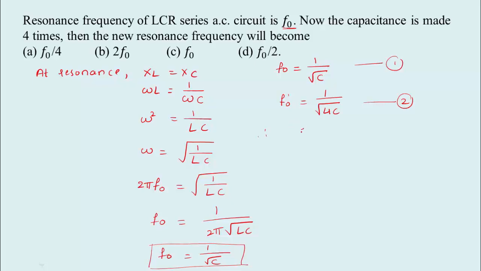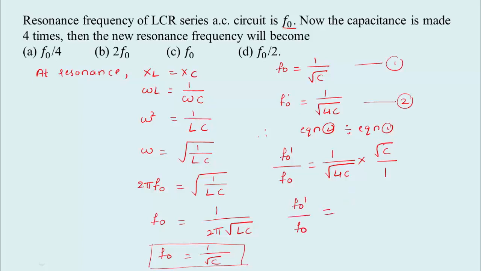So therefore we can write, dividing these two equations, equation 2 divided by equation 1. So we get F0 dash divided by F0 equal to F0 dash is 1 by root of 4C into, F0 is 1 by root C, reciprocal, so root C divided by 1. So F0 dash divided by F0 equal to, here root C will get cancelled, so we get only 1 divided by root 4.